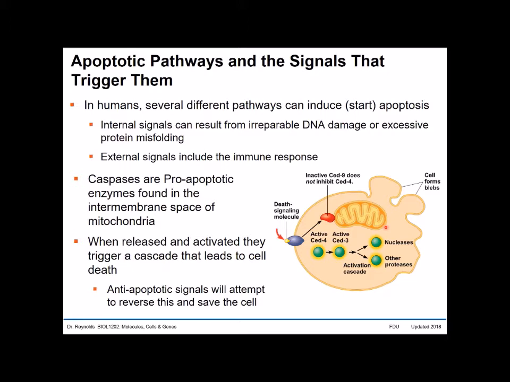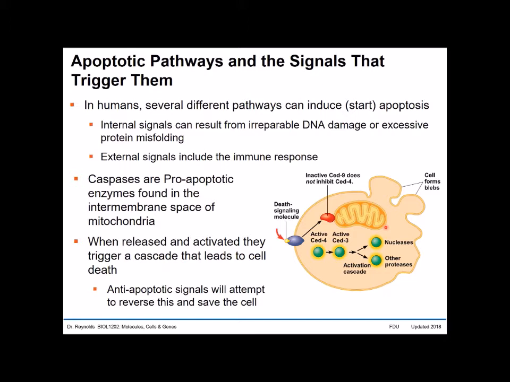Now, there are a variety of different signals that can regulate apoptosis. Sometimes they're internal. If something happens to your DNA, right? Let's say you sat outside in the UV too long and your DNA started to get mutated, started to change.